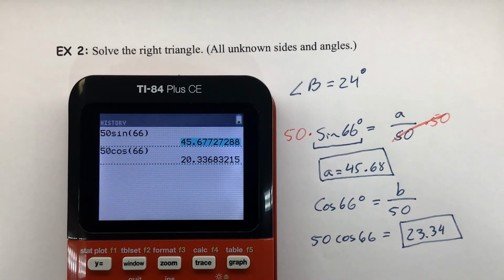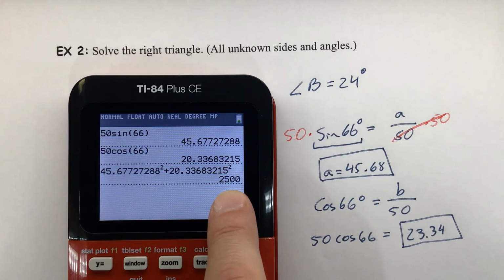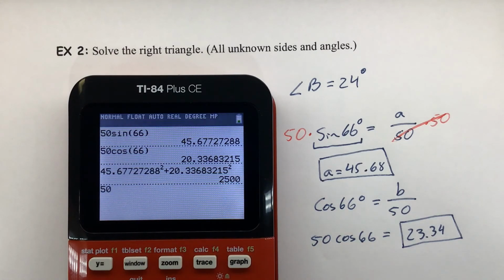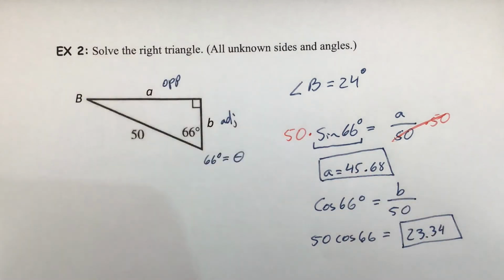I'm going to take that answer and square it, plus this answer squared. Okay, so that's a squared plus b squared, and it gives me a really nice looking number, right? Because all it is is 50 squared. So these answers are right. Those are the right leg lengths that we have for that picture.